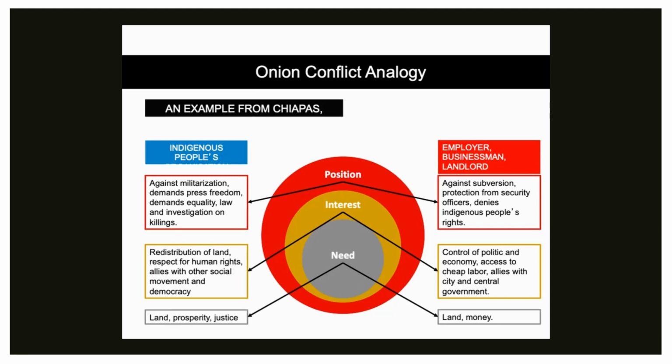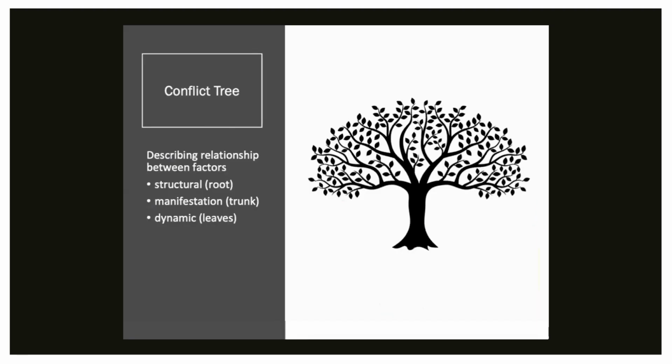The second tool that we had in the early 2000s is conflict tree analysis. In this tool, we can see the relationship between the source of conflict, the root or structural cause of conflict, the manifestation, the trunk of conflict, and also the dynamic or effect of the conflict on the leaf.